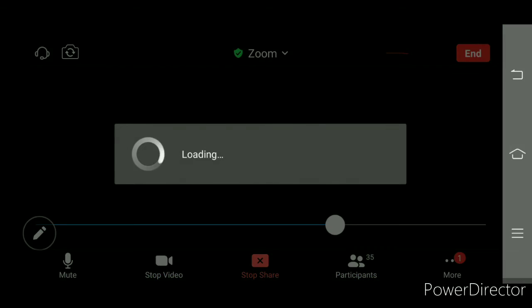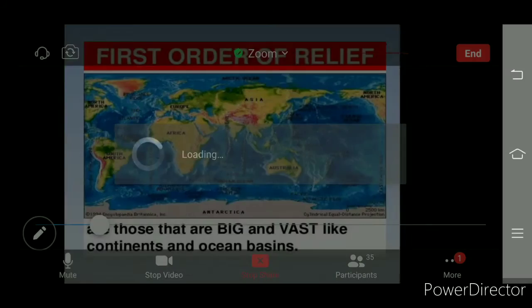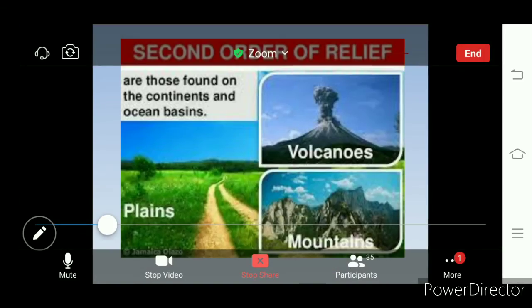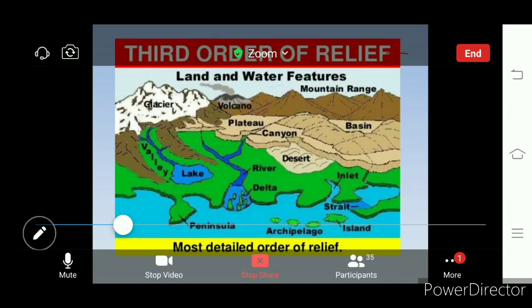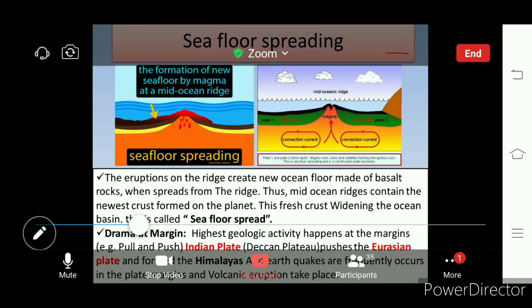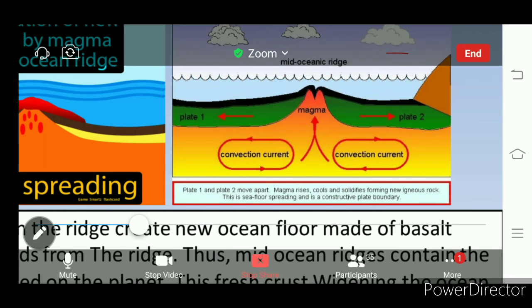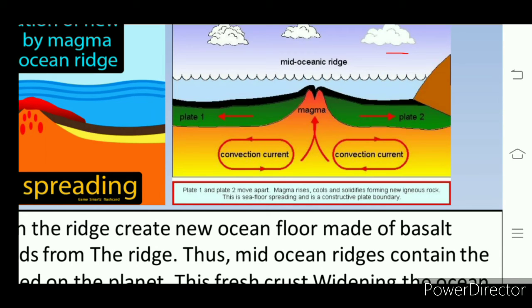What do you see here? In the mantle we find molten material coming out. How is it at the mantle? It is very hot, with a lot of pressure inside. So the convection current, due to the hotness at the mantle, brings it out from the mid-ocean ridges.